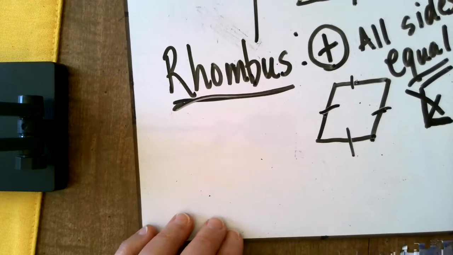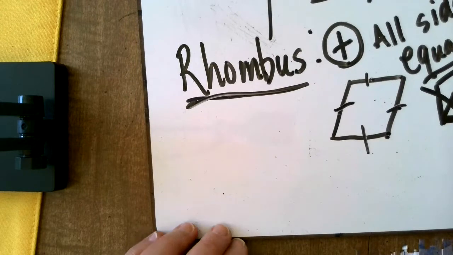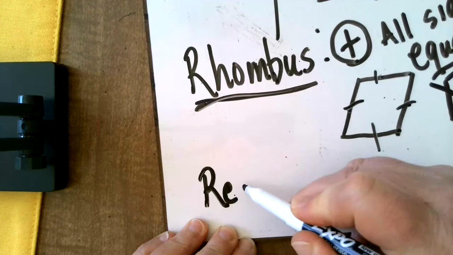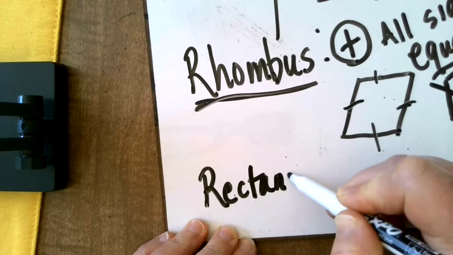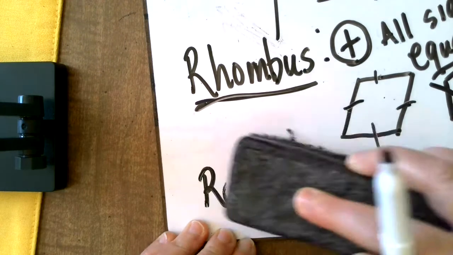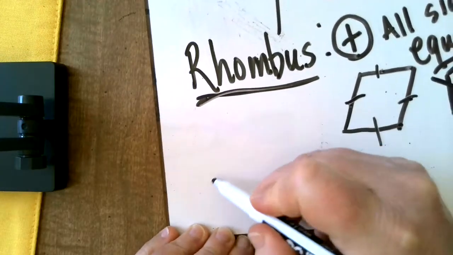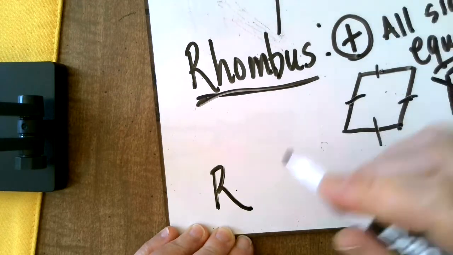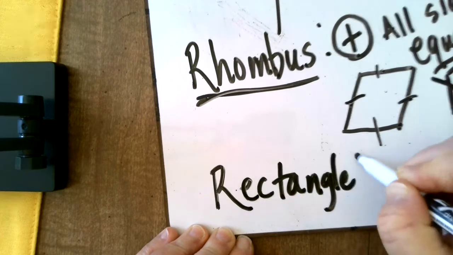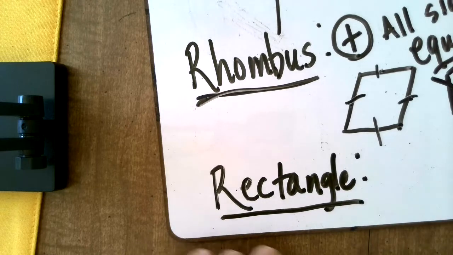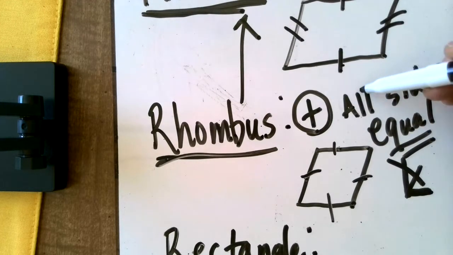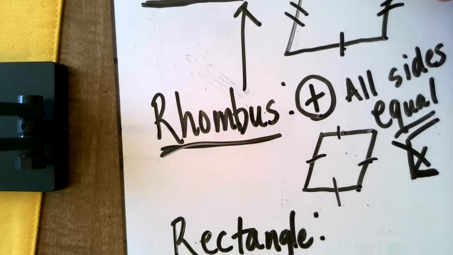The next one that I'm going to draw is a rectangle. So a rectangle builds upon these things, except not all sides are equal.